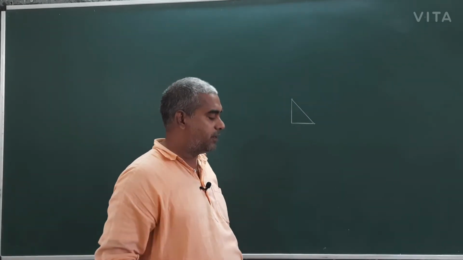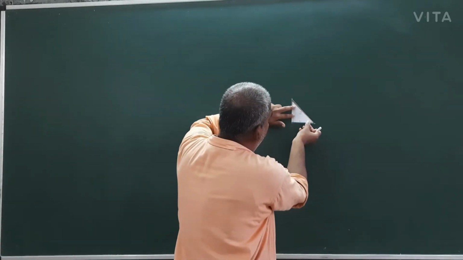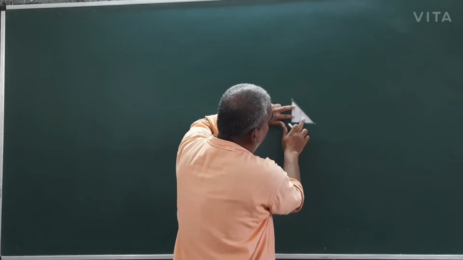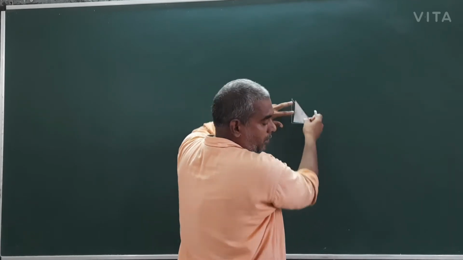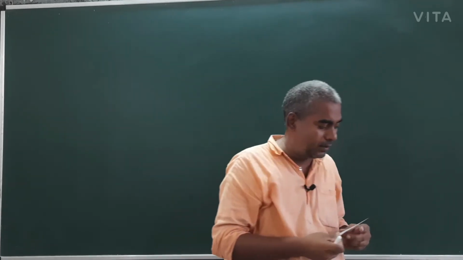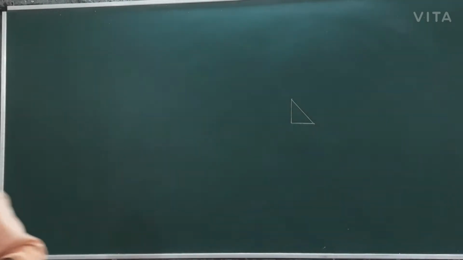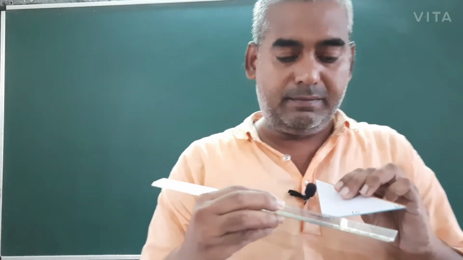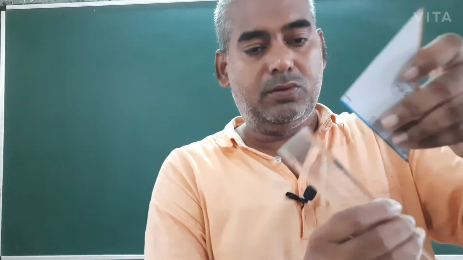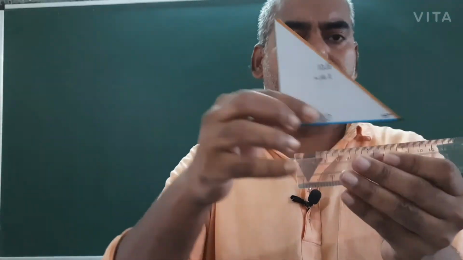So this is the first triangle which I have drawn. This is 10 into 10, and this is 10 root 2. You can measure, this is a scale. I'm trying to show you.